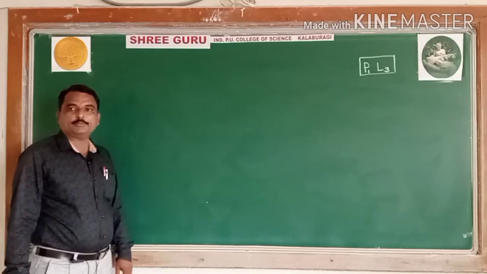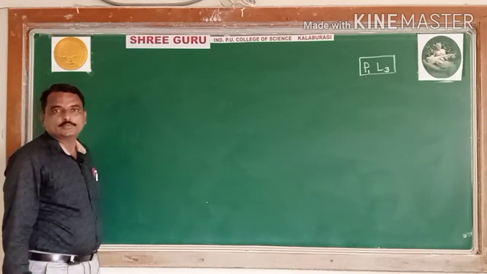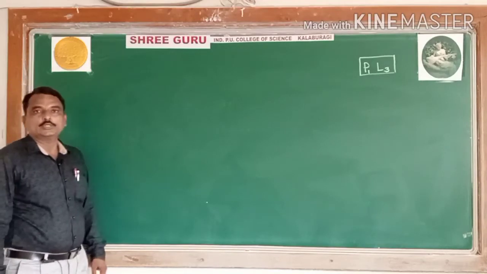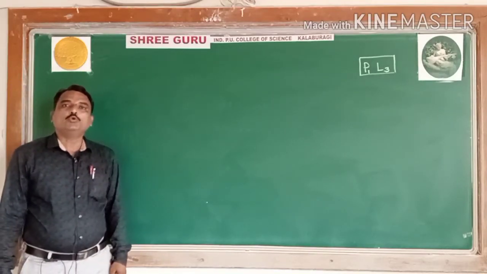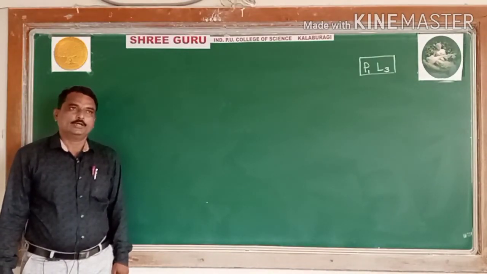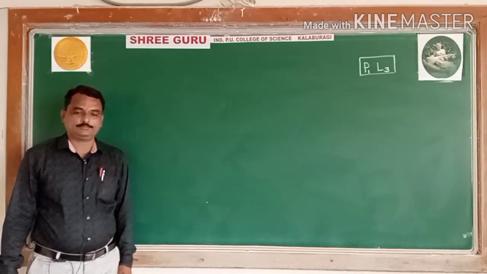Two types of examples we have calculated. Conversion of degree to radian measure and radian to degree measure we have calculated in the last class. And some homework examples also I have given. I think you have calculated all the homework examples.